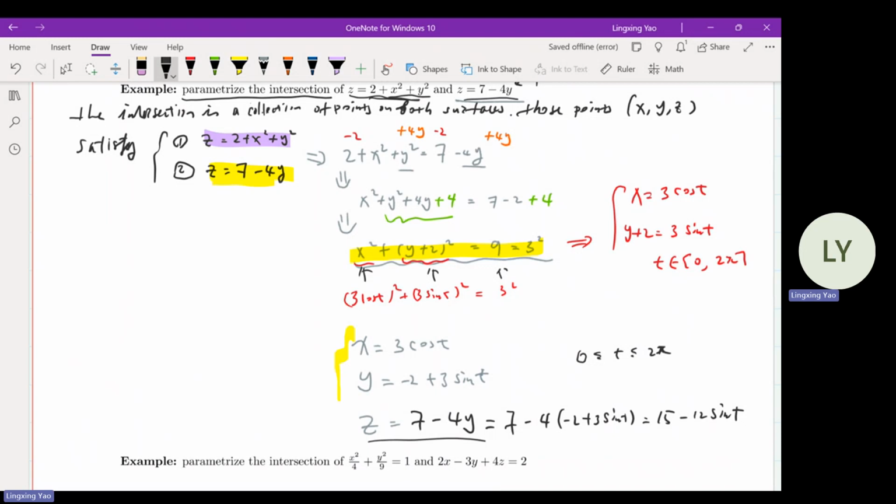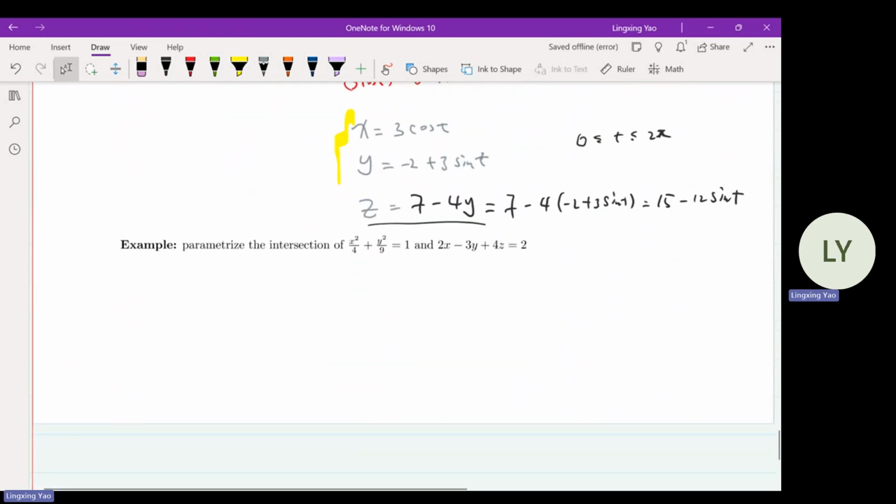All right, so let's look at another example. How do we find the parameterization of those two? So this is a cylinder, right? This is a plane again. And from those two, we can see the cylinder could be written as (x over 2) squared plus (y over 3) squared equals 1.